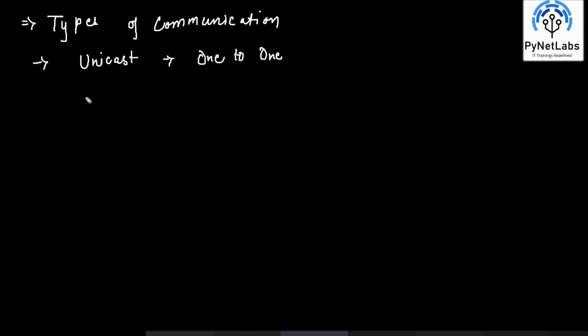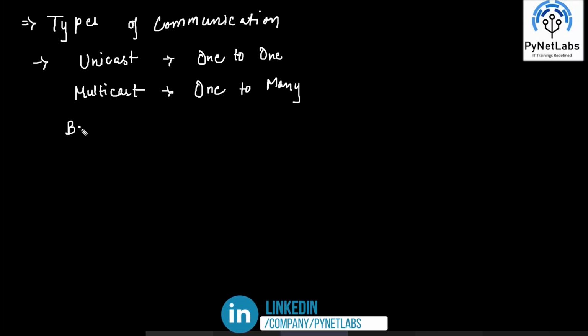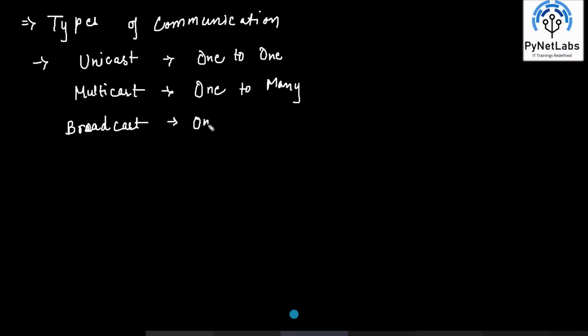Then we have multicast, which is one-to-many. And then the last one we have is broadcast. This type of communication is one-to-all.